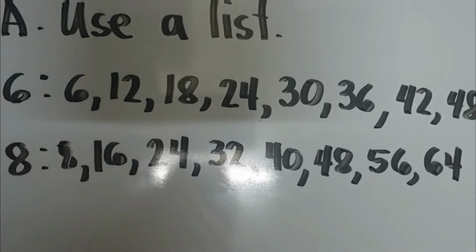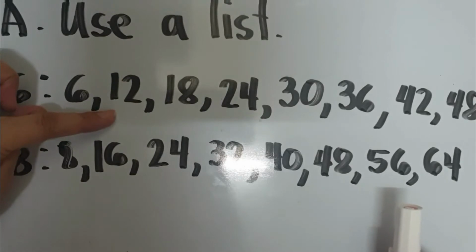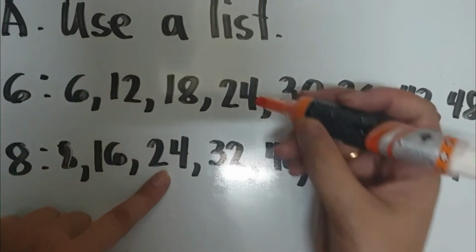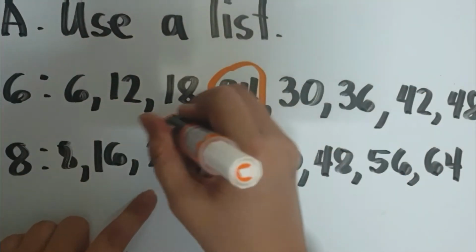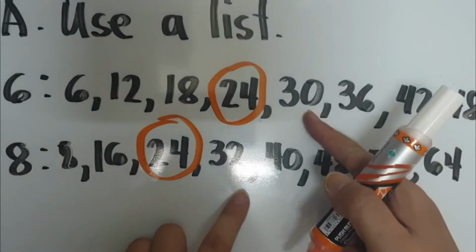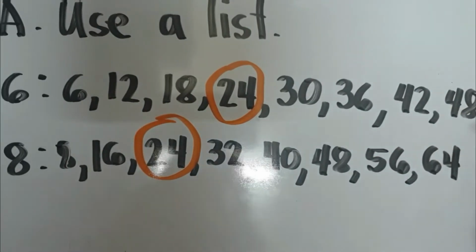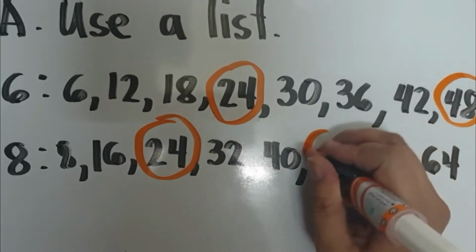Now, we are going to circle the numbers that are common to the multiples of 6 and 8. So, 6 is not common, 12 is not, 18 is not, 24, it's common, both have 24, 30 is not, 36 is not, 42 is not, and 48, that's common also.